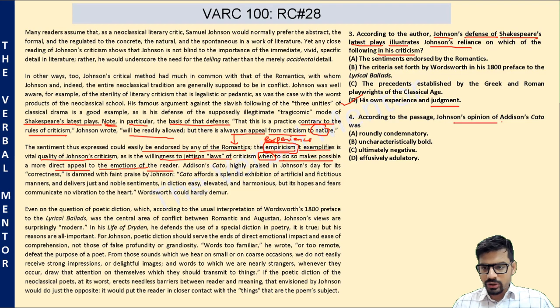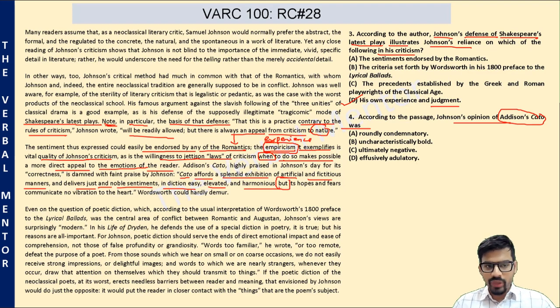According to the passage, Johnson's opinion of Addison's Cato was what? Please note, what did he say about Cato? He said, Cato affords a splendid exhibition of artificial and fictitious manners and delivers just and noble sentiments in diction easy, elevated and harmonious, and the but part is always important.